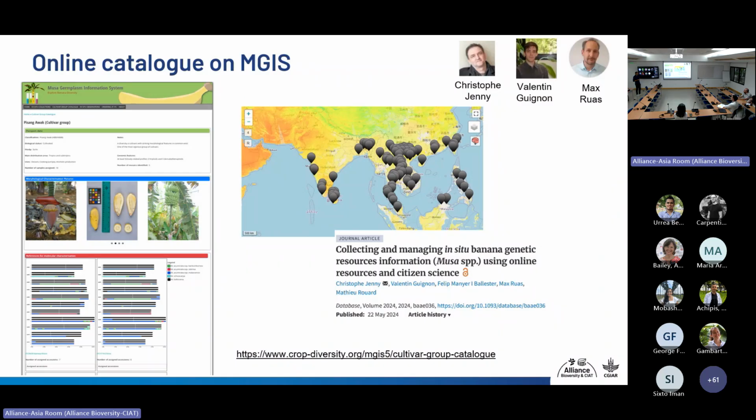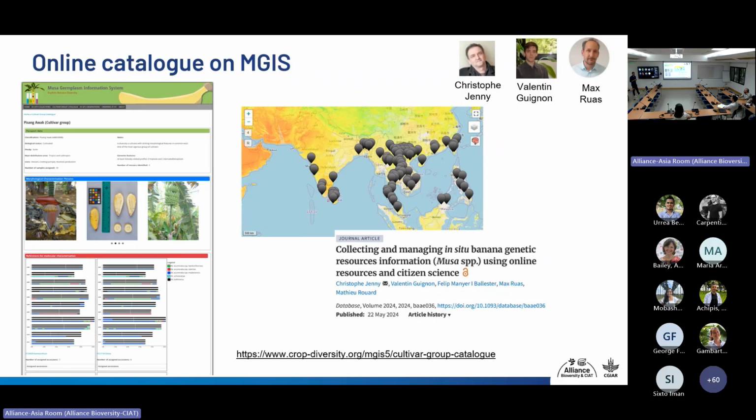So we know that those Pisang Awak are in China, but it's not always easy to know where those cultivars are. So we developed an online version of the catalog as well that we combine with a project that we have on citizen science. Basically, we retrieve a lot of pictures from multiple platforms, iNaturalist, PlantNet, Flickr, and so on.